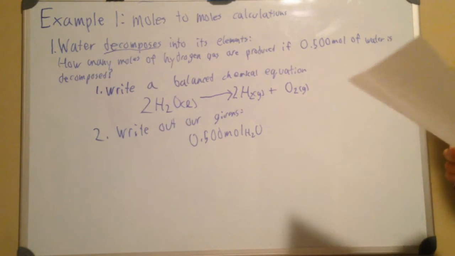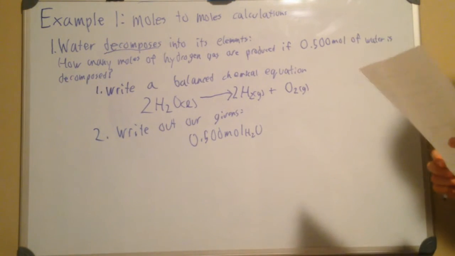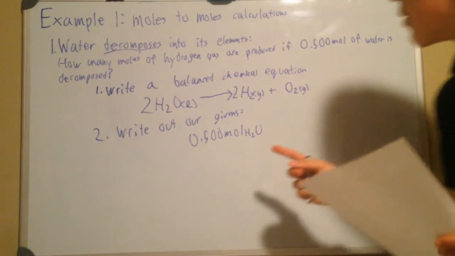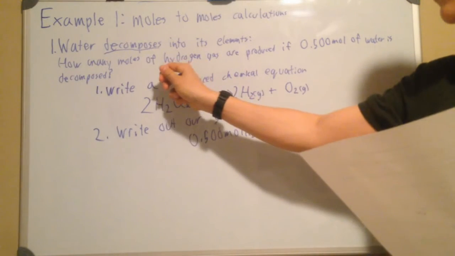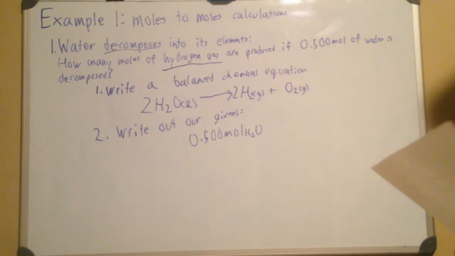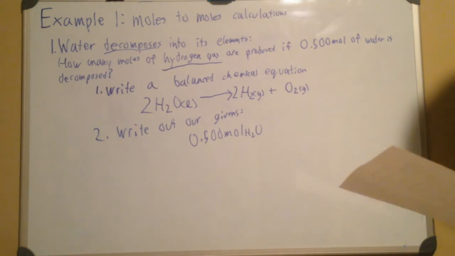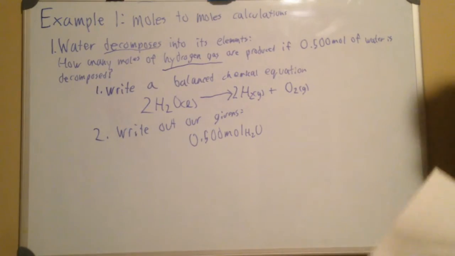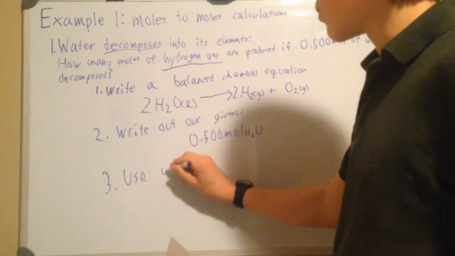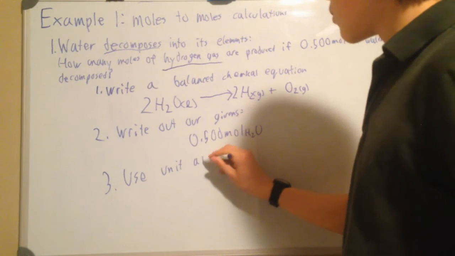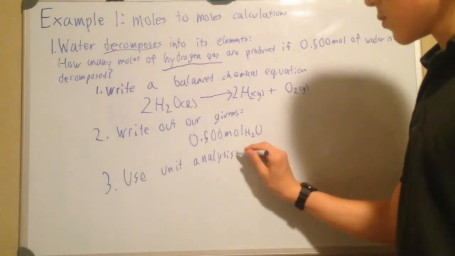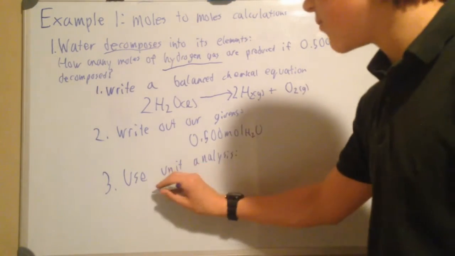Finally, we're going to use unit analysis to solve for our unknown. Now in this case, if we read the question, our unknown is the amount of hydrogen gas that's being produced. And using step 3, we can solve for this. We'll start with our given here.